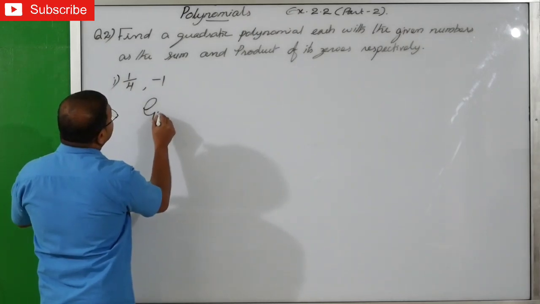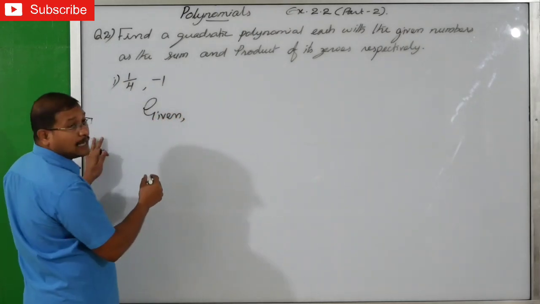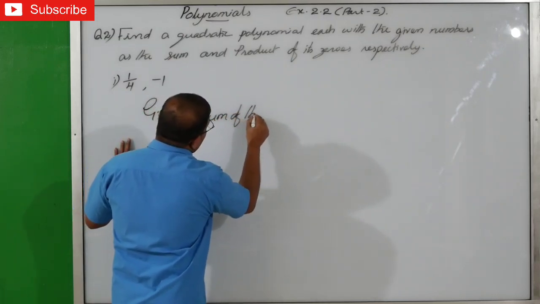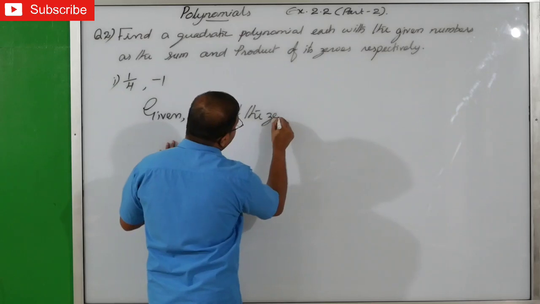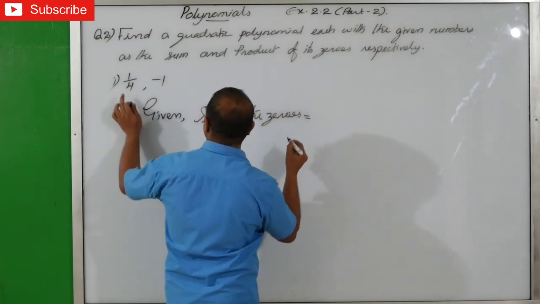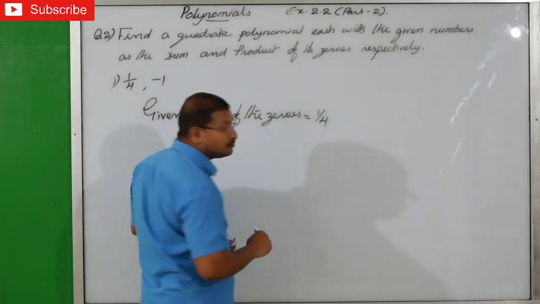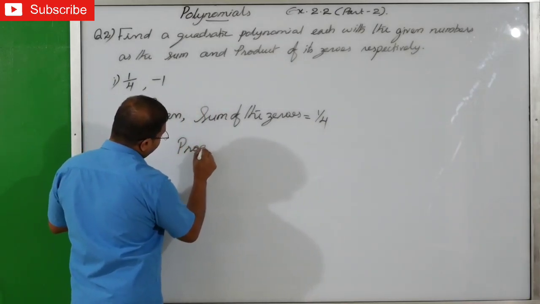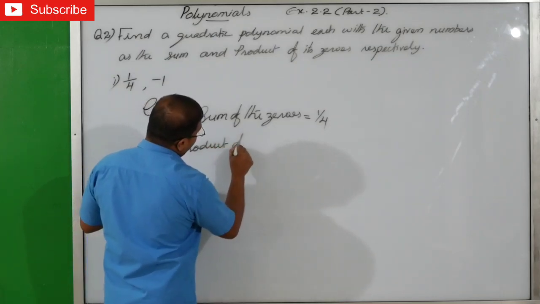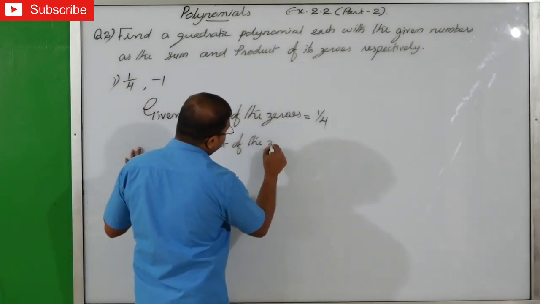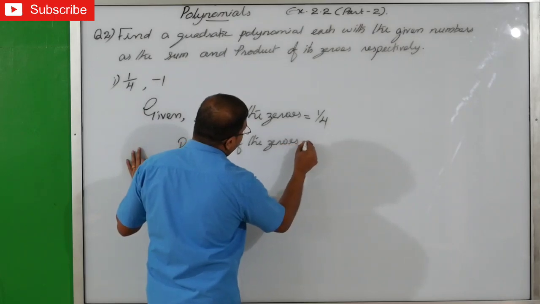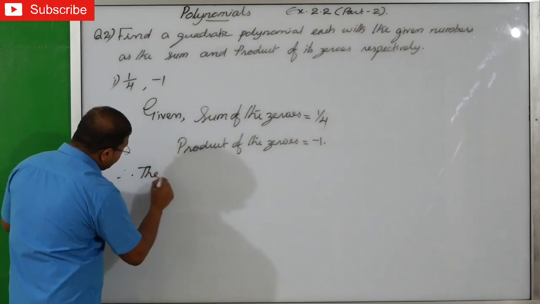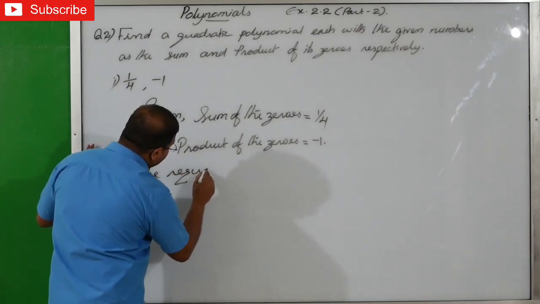Given sum of the zeros equals 1 by 4 and product of the zeros equals minus 1.